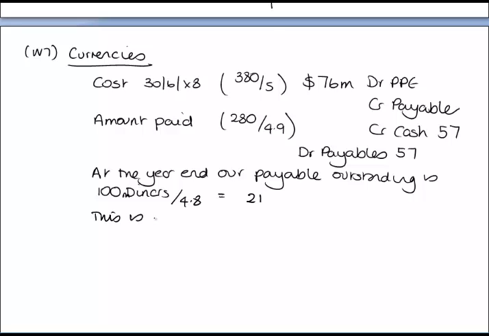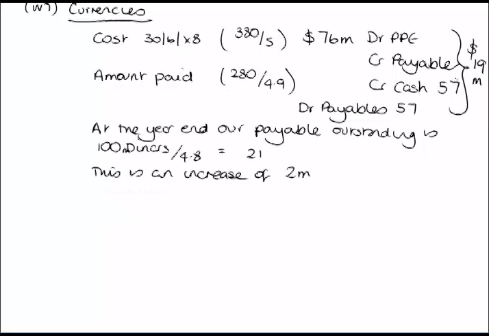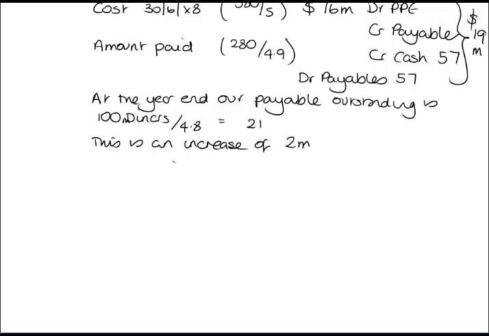This is an increase of 2 million, because if you look at the difference here, we appeared to have a $19 million payable figure. But when we've restated it at the year end, we've restated it to $21 million. So it's an increase of $2 million. That's going to be debit the income statement 2 million, credit payables 2 million.